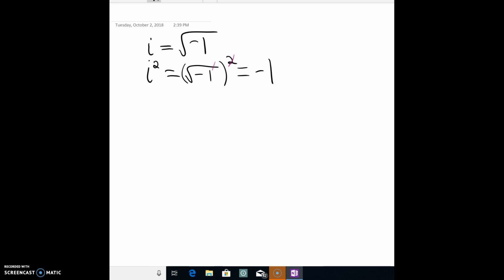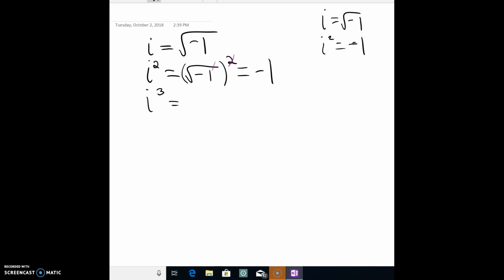I'm going to write this off to the side, and we're going to prove some other values as well. We know by definition that i is equal to the square root of -1, and we just showed that i squared is equal to -1. Let's take a look at what happens if we have i cubed.